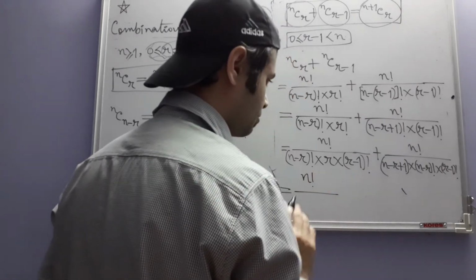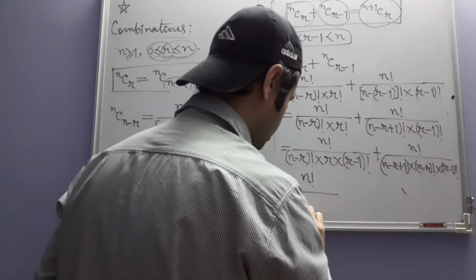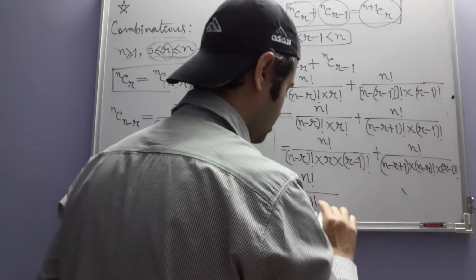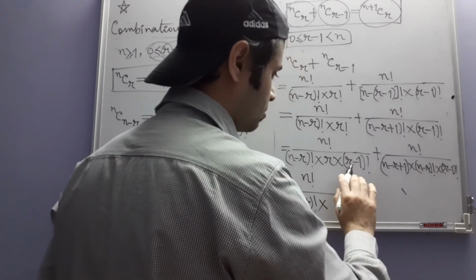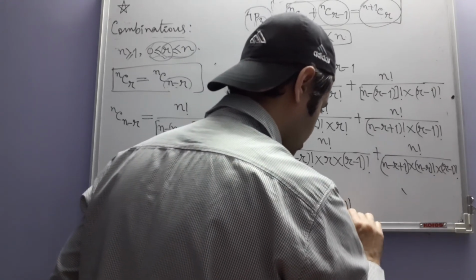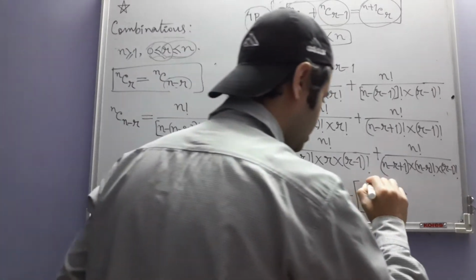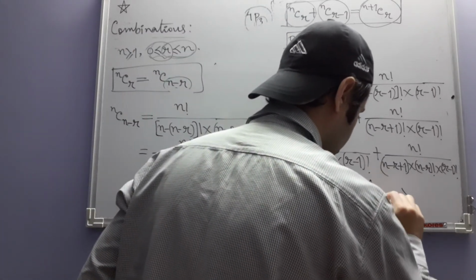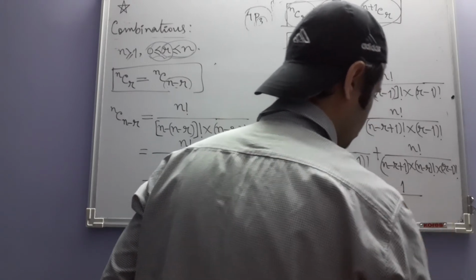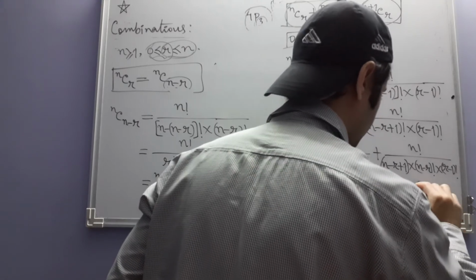Now see, there are some terms that can be taken common out. N factorial divided by (n minus r) factorial is available in both the terms of this sum, times (r minus 1) factorial, and we are left with 1 divided by r plus 1 upon (n minus r plus 1).